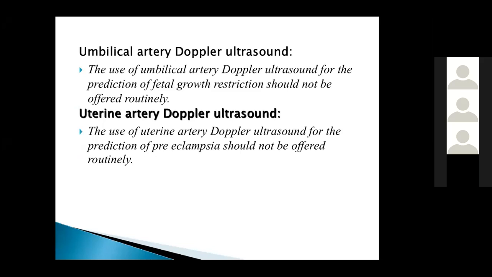There are some specific conditions where we go for umbilical artery Doppler, where we suspect IUGR or intrauterine growth restriction. If the patient has high BP, there are chances that the baby can be microsomic. In some specific situations, we will advise the patient umbilical artery Doppler ultrasound, and again uterine artery Doppler ultrasound in some specific conditions.